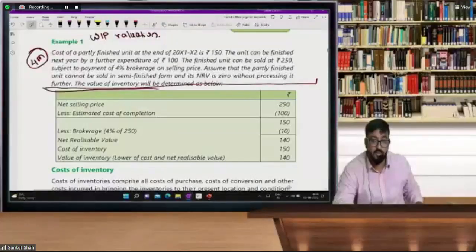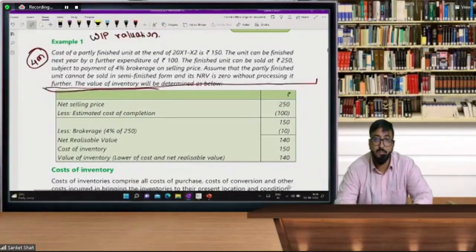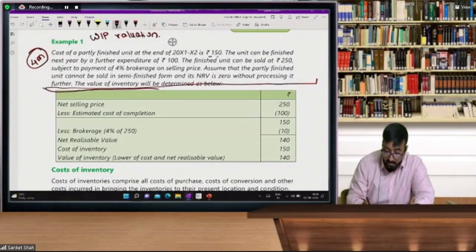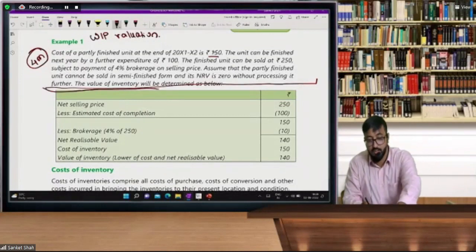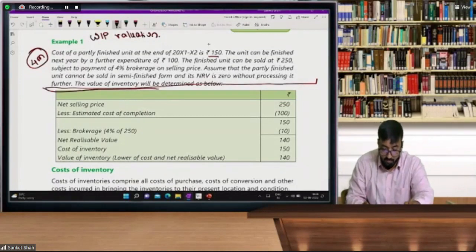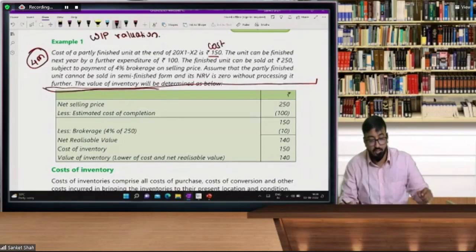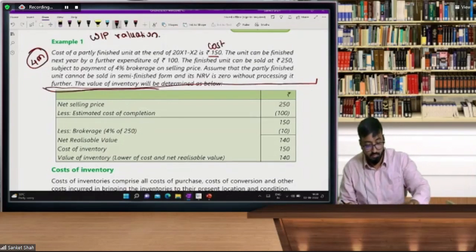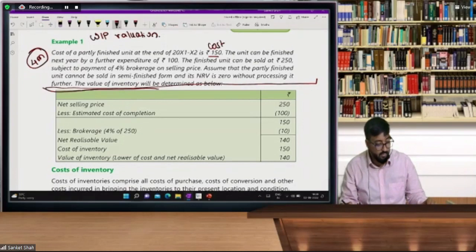Focus. Cost of partly finished goods at the end of 2001-02 is 150. So this is the cost. Then the unit can be finished next year by further expenditure of rupees 100.